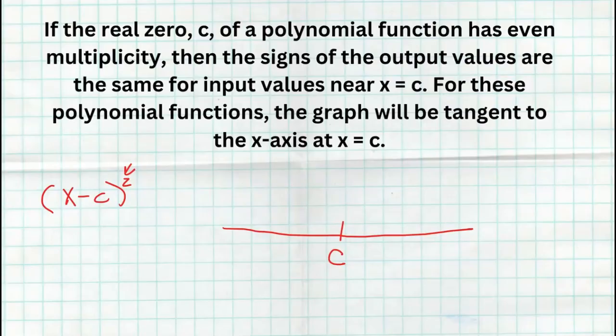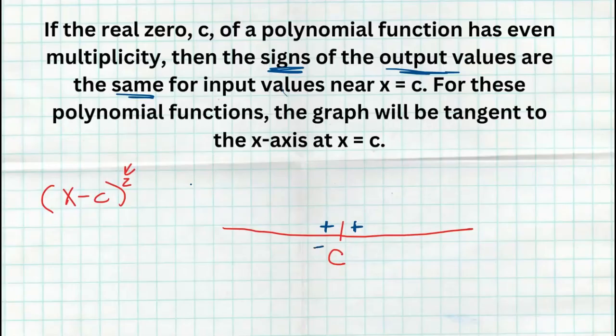So what this says is that signs of the output values are the same for input values near x equals c. So when we get really close to c, if the left side is positive, then the right side is also positive. The signs, positive or negative, of the output values are the same when you're near x equals c, either near on the left or near on the right.